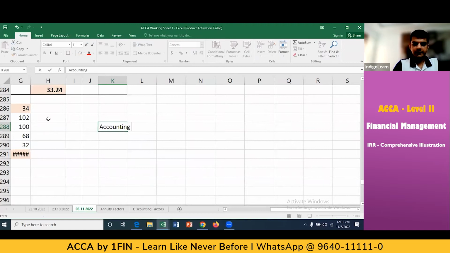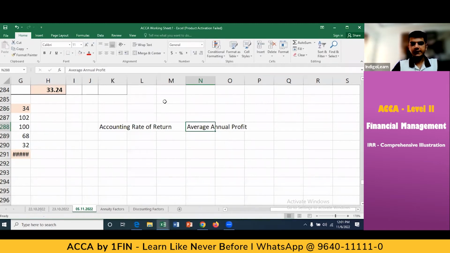Accounting rate of return is equal to average annual cash profit, not the cash flow, divided by average investment.